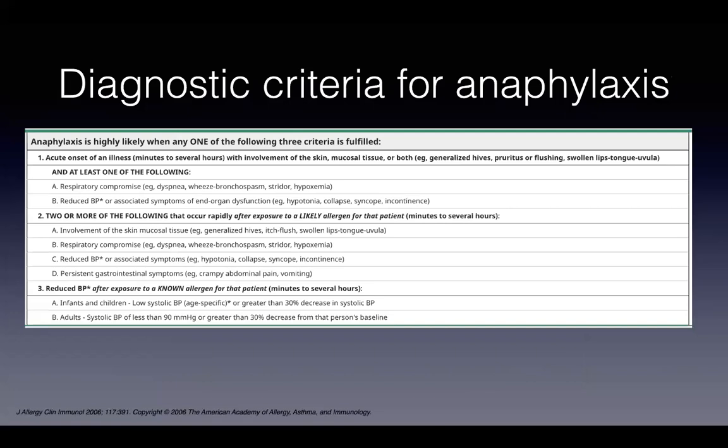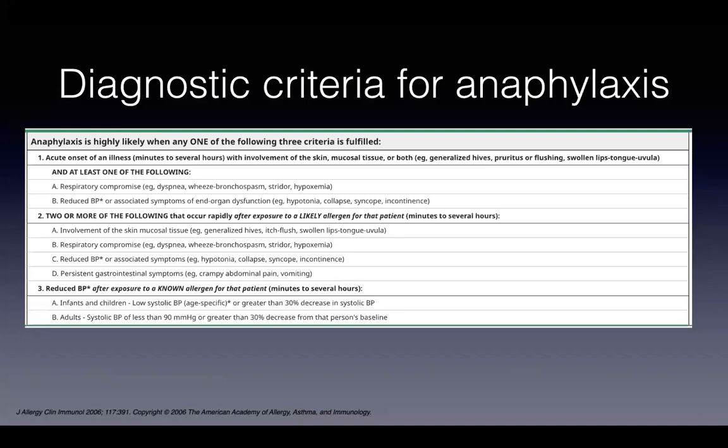Coming to diagnostic criteria, there is a clear-cut diagnostic criteria for anaphylaxis. The anaphylaxis is highly likely when any one of the following three criteria is fulfilled. What are these three criteria?